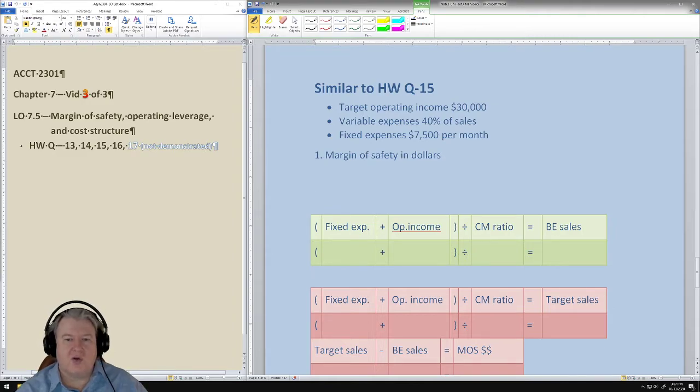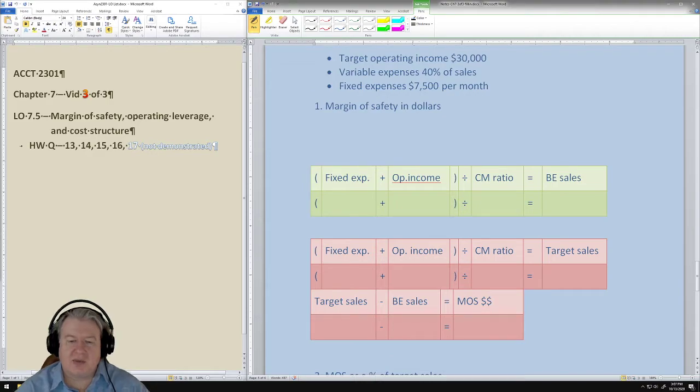So first off, what is the margin of safety in dollars? To get to the margin of safety in dollars, what you need is break even sales and target dollars. Well, we don't have either of those numbers.